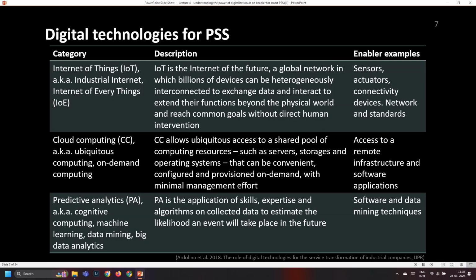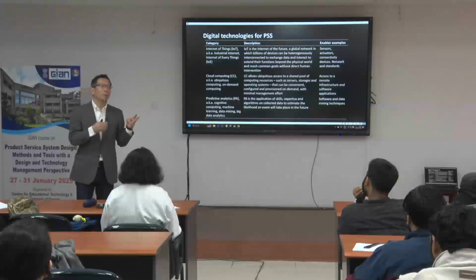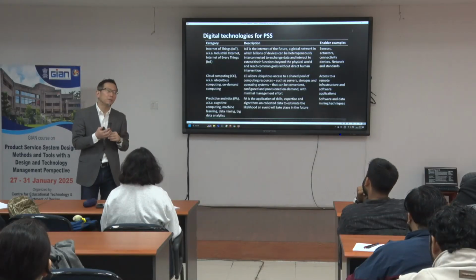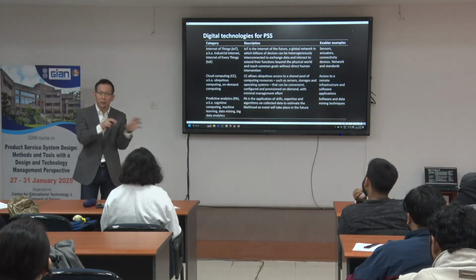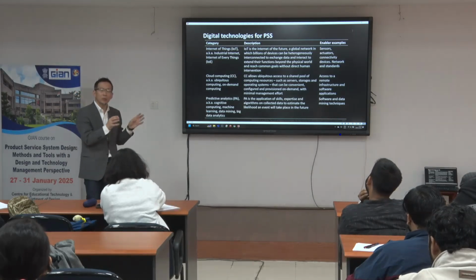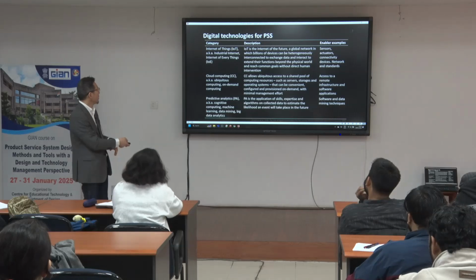Obviously, you need sensors, actuators, connectivity devices for the IoT. It's obvious, and so on. All right? So this basic categorization is also useful for you to conduct the application of different learning outcomes to your example in this week.